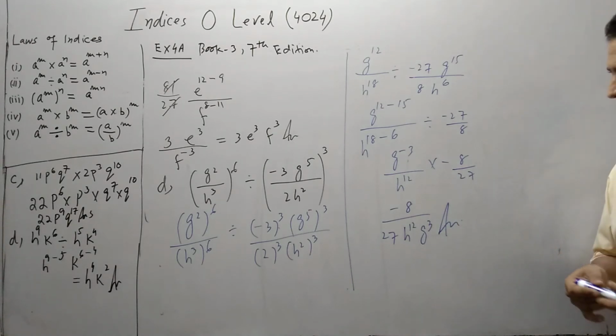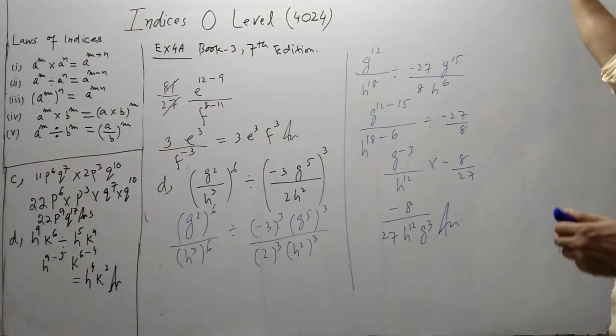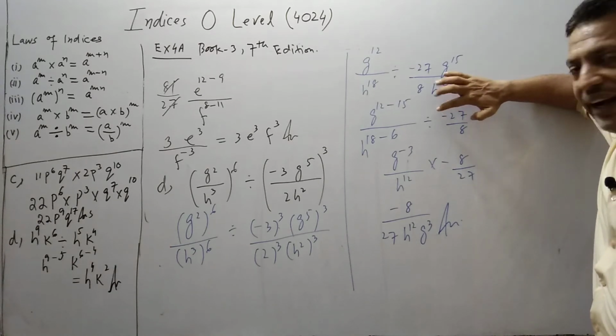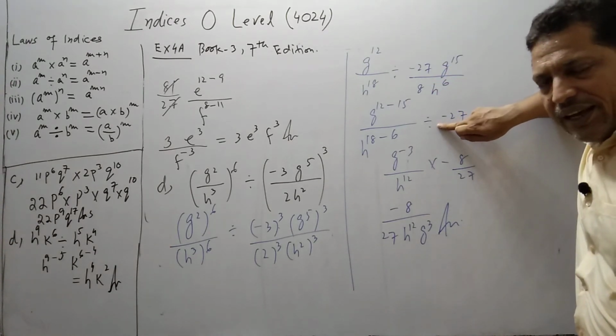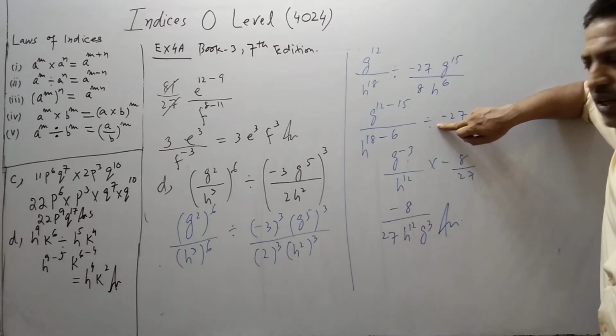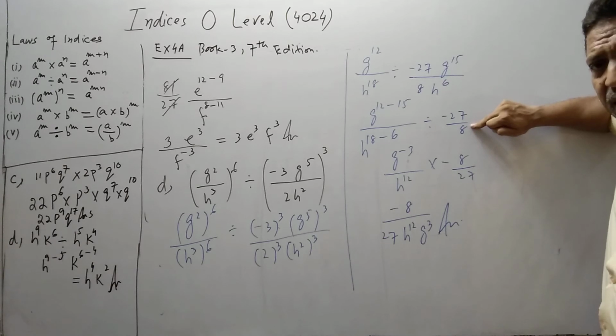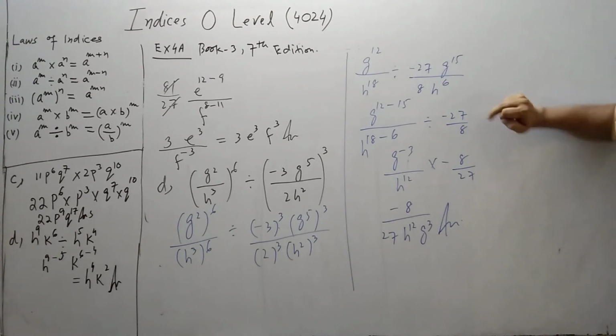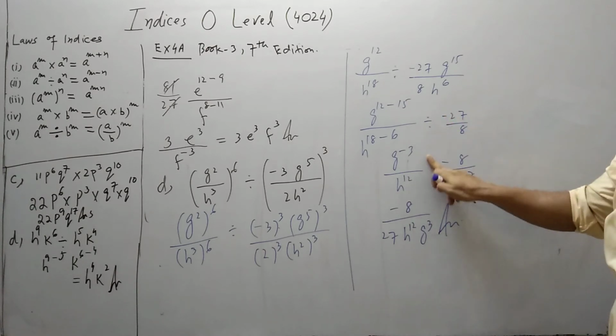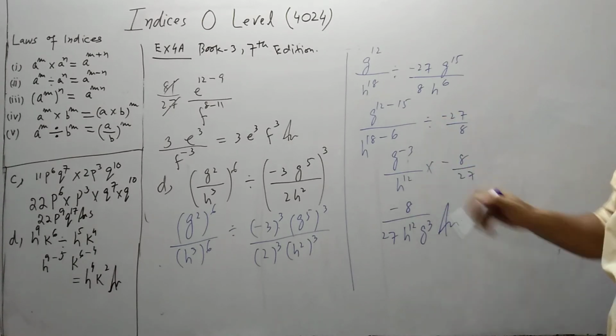I repeat again, student, if you have a divide sign and you want to convert this divide sign into a multiply sign, you just convert the denominator into numerator and numerator into denominator. So this is the divide sign. I converted this divide sign into a multiply sign.